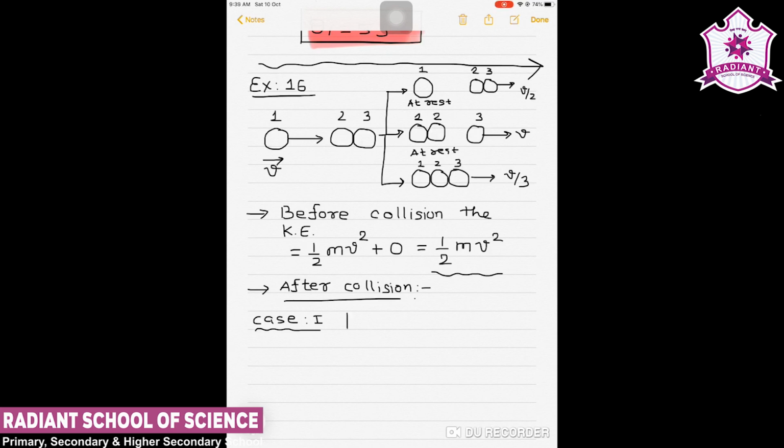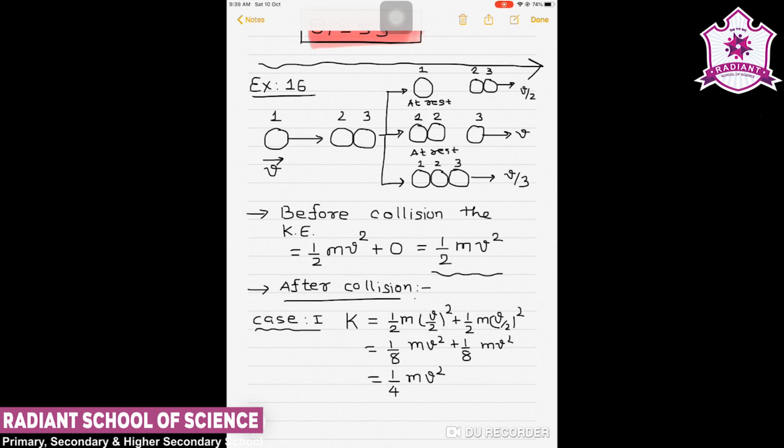So the kinetic energy is 1/2 m (v by 2) square plus 1/2 m (v by 2) square, that is 1 by 8 mv square plus 1 by 8 mv square, that is 1 by 4 mv square.